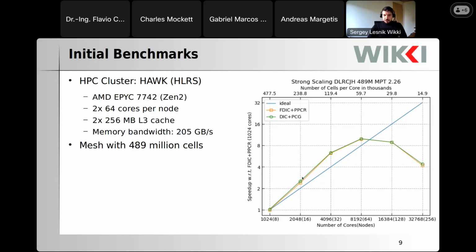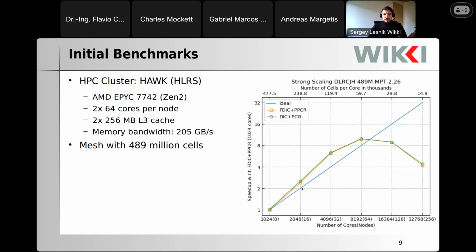On the right hand side, you can see a strong scaling diagram. So for strong scaling, we have on the x-axis the number of cores, and on the y-axis I have the speed up here. So if we have twice the number of cores as the base case, then the ideal speed up would be 2, and for 4 it would be 4, and so on.